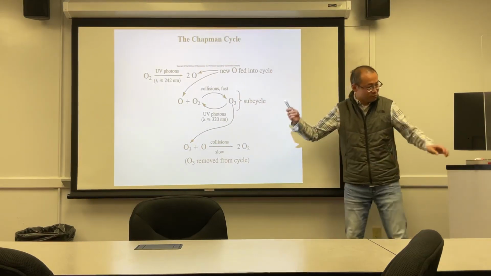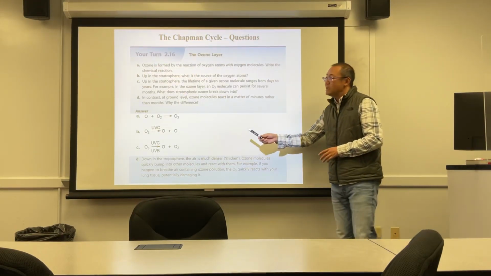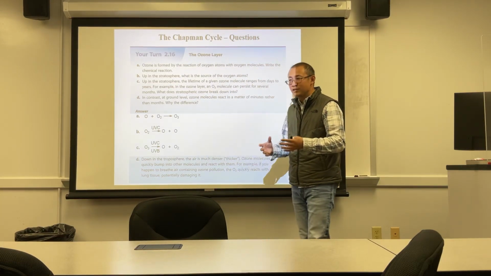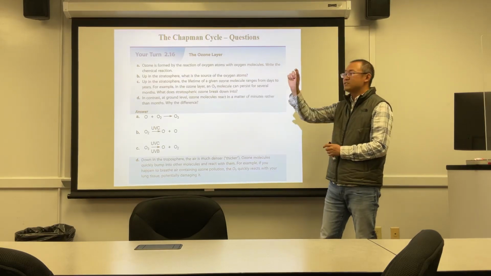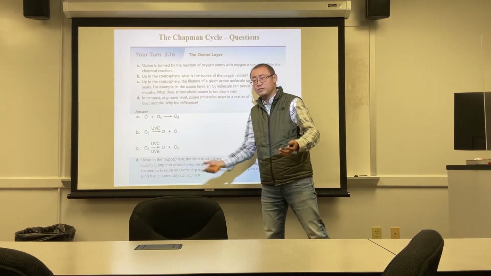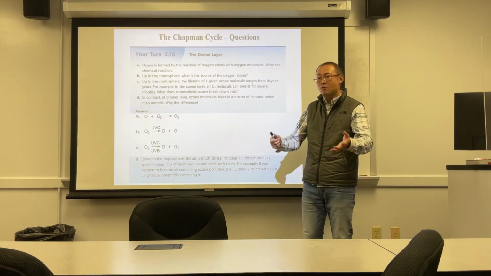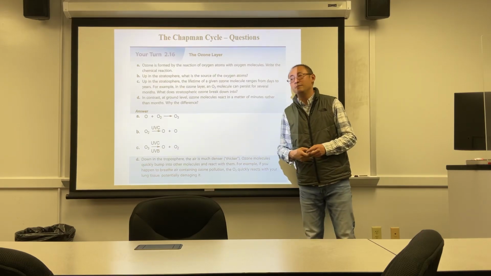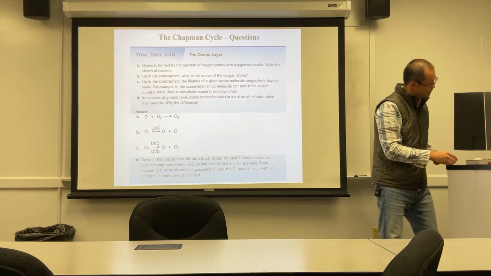So the main reason is that at the ground level, the molecule concentrations are too high. So ozone doesn't only react with ozone, it can react with many molecules in the atmosphere. That's why ozone will react fast, in minutes. Okay, that's one reason.